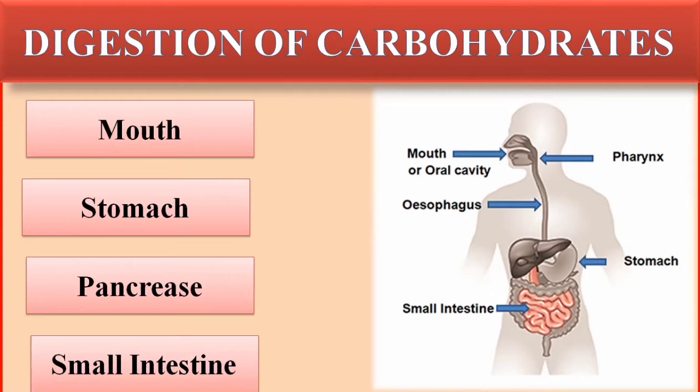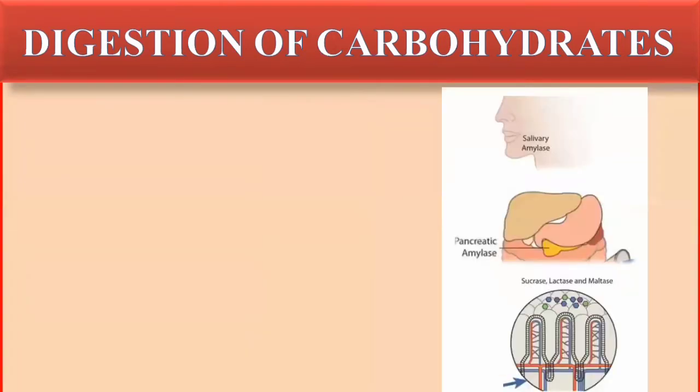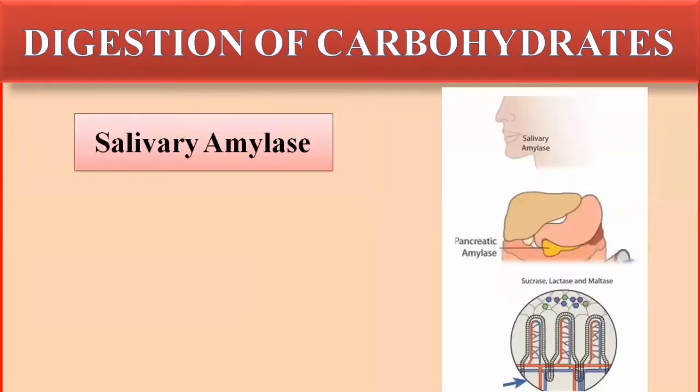There are some enzymes present in the digestive system that are involved in the digestion. The first enzyme is the salivary amylase, as the name indicates, from saliva. This amylolytic enzyme is present in the mouth, and it converts the complex carbohydrate into simple ones.